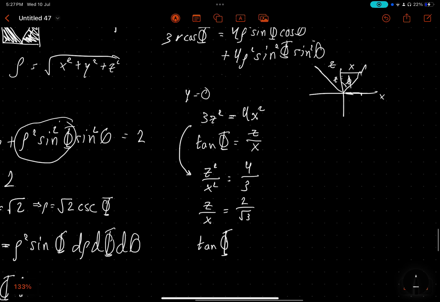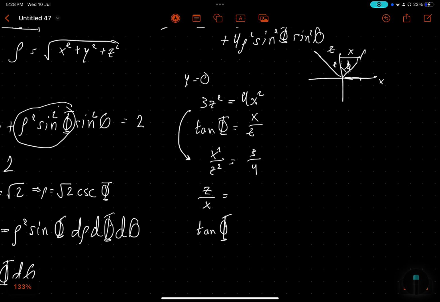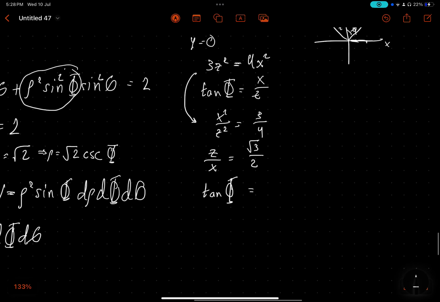And x squared over z squared equals 3 over 4, so tan phi equals root 3 over 2.